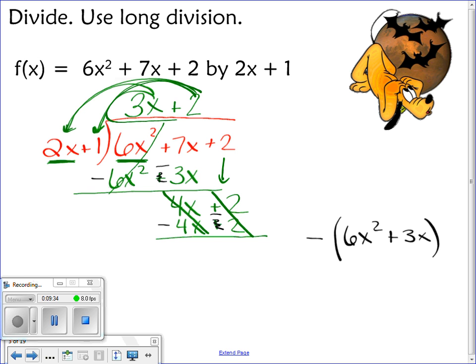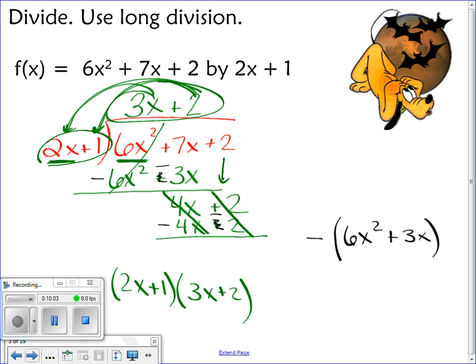So here we go. I want you to realize what you just did. You kind of just factored. 2x plus 1, what you were dividing by, if you would multiply that by 3x plus 2, you'd get that.